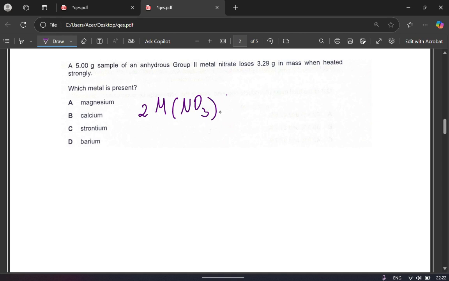Here I'm denoting the unknown group 2 metal as M. So we're writing the equation for its thermal decomposition.